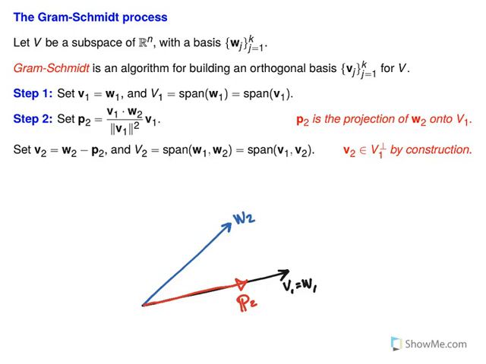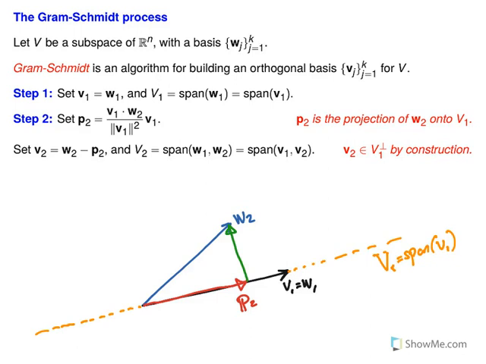And this is the projection of W2 onto V1. So what we do is we create the vector space capital V1. This is the span of the first basis vector. And then P2 is the projection of the next vector in the non-orthogonal basis, W2.